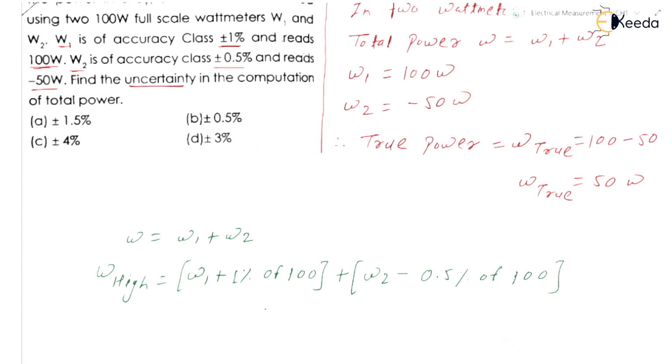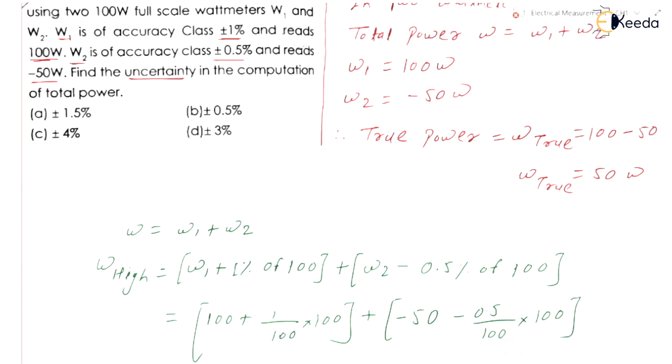So ultimately we can write the highest value of W1 is 100 plus 1 by 100 into 100. This is W1. Plus W2 is negative, so it is minus 50, minus 0.5 by 100 into 100.